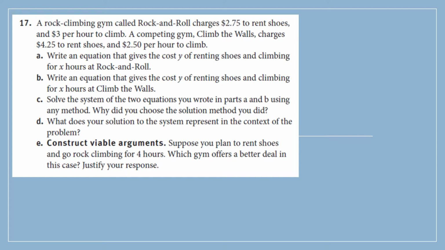So we're going to write an equation that gives the cost y of renting shoes and climbing for x hours at Rock and Roll. So let's say it's $3 per hour plus $2.75 for shoes. And for Climb the Walls, it's $2.50 per hour, x, plus $4.25 for shoes.